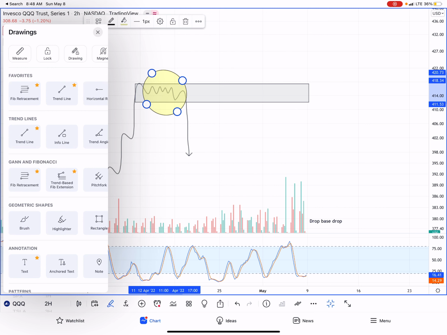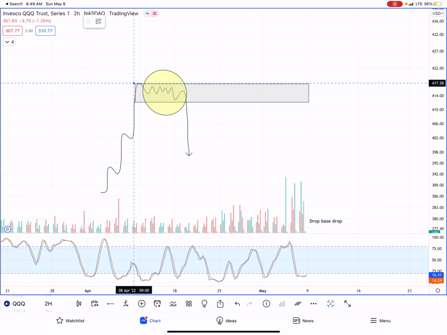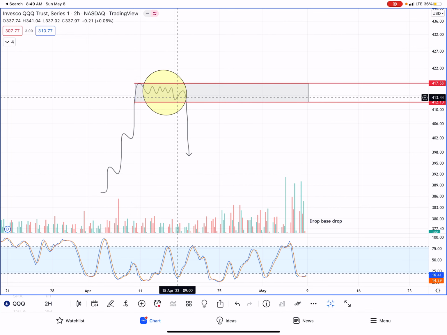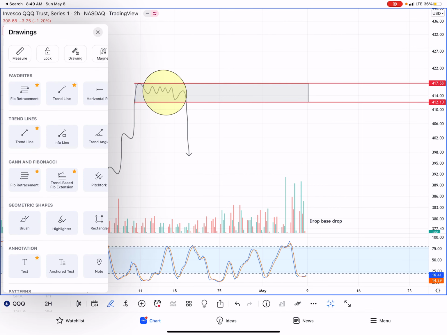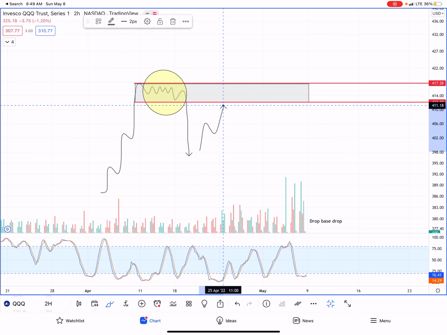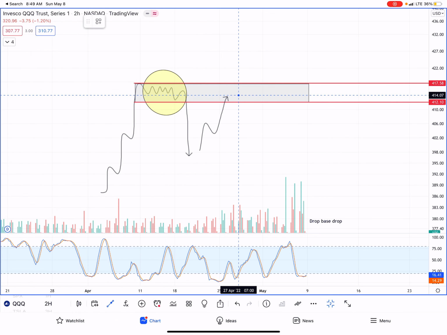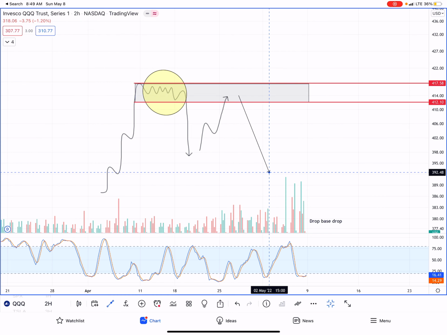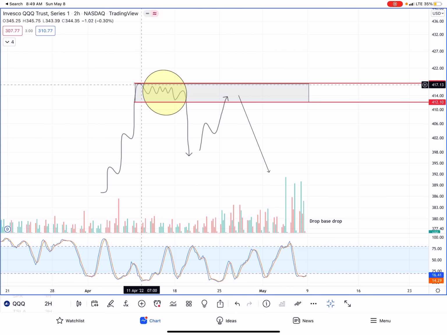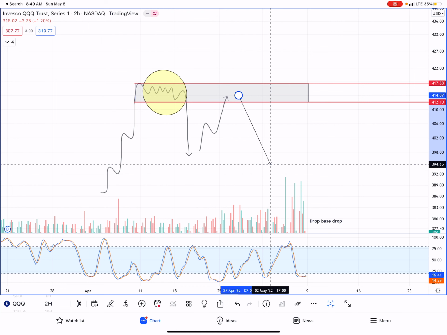So the idea here is the market has topped, assuming that on the retest of this rally, base, drop supply zone, the market fails to make a higher high. Therefore, we get rejection out of this supply zone for a move down for either a wave 3 or wave C down.